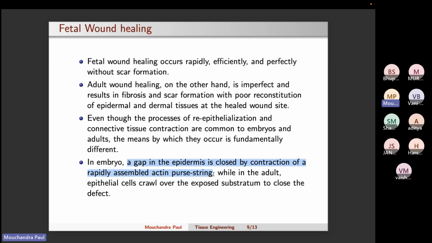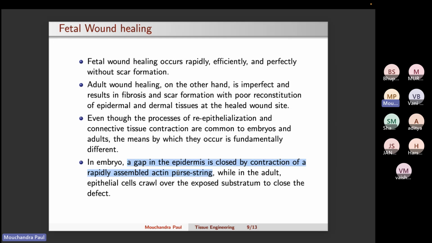Everyone is familiar with that kind of small bag which many ladies still carry, right? And if you pull the strings open, the bag gets open. So that is the mechanism of how the gap in the epidermis gets closed in the embryo. The actin, you must have heard of actin molecules, right? These are small F-actin molecules that get assembled and form a string.